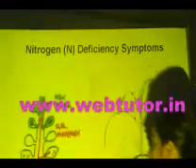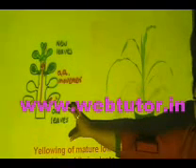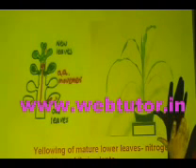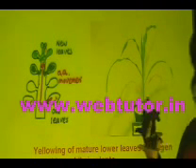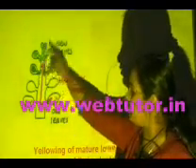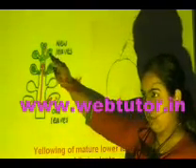See, nitrogen deficiency symptoms. Your new leaves are on the higher side, your old leaves are on the lower side. Nitrogen is taken in by the roots, with the same movement as water. In your old leaves, amino acids will be formed, but they will not go towards the newer leaves.